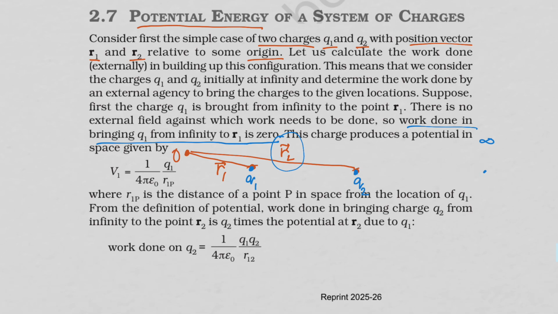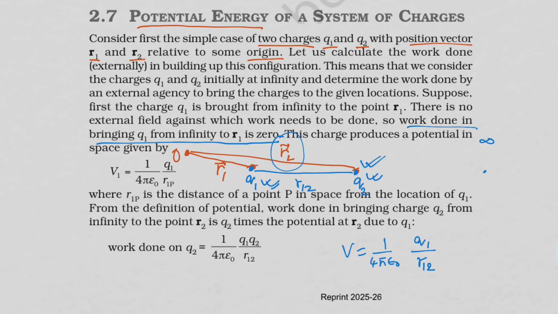That work done is stored as the potential energy. The potential at this point due to Q1 is V equals 1 upon 4 pi epsilon naught Q1 by R12, where R12 is the distance between these two charges. Because of Q1 only, there is a potential at this point.